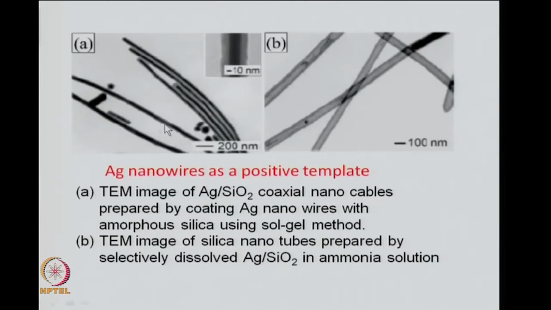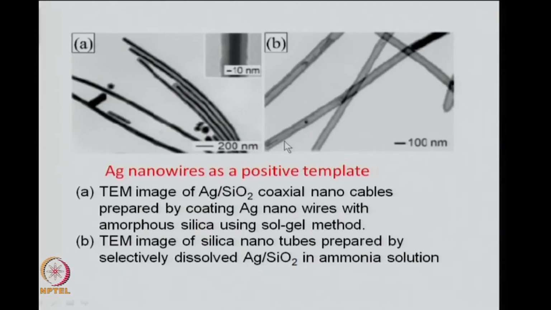You can guess that the 50 to 70 nanometers includes both the silver as well as the SiO2 coated on them. Now, you remove the silver by dissolving it with ammonia. If you add ammonia, silver forms a silver amine complex, and that complex goes into solution. This way silver metal becomes silver ions and goes into solution, and you can wash it away in the presence of ammonia, and what is remaining is only silica.